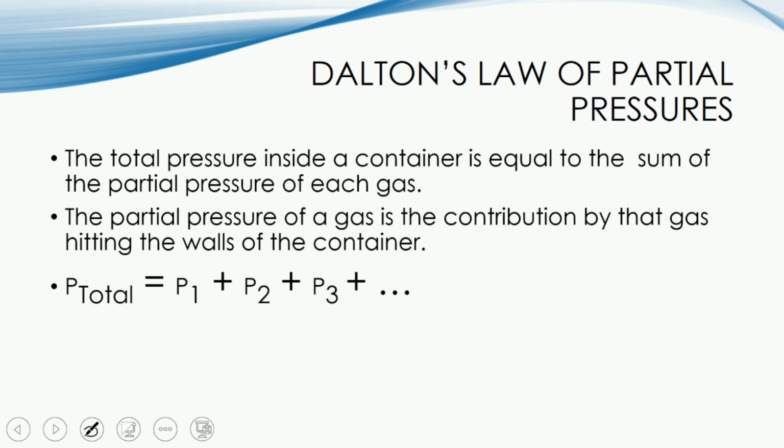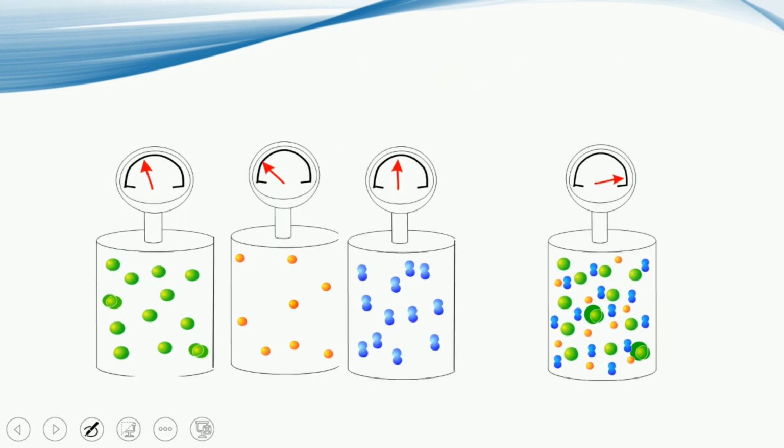So the equation is just going to be to find the total. We're going to add the initial pressure of one gas, the initial pressure of the second gas, of the third gas, and so forth. So I have a visual here that if we were to take a total of 3 different gases, one of them being at 2 atmospheres, the other one being at 1 atmosphere, and the other being at 3 atmospheres, then if you were to combine them all into the same container, all that we really have to do is think about the fact that we're adding 3 different gases and each of them is applying its own pressure.